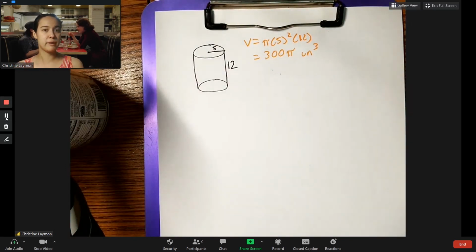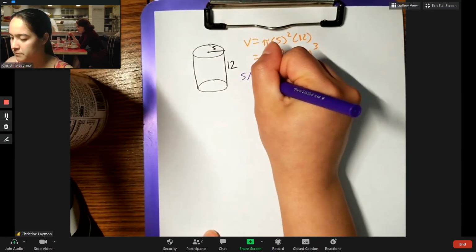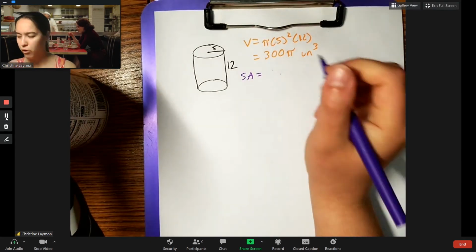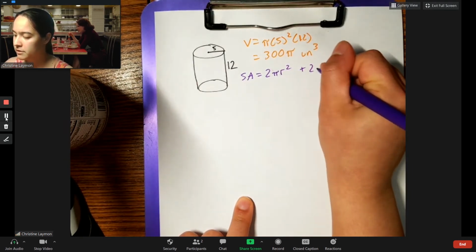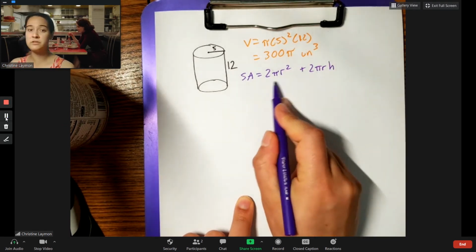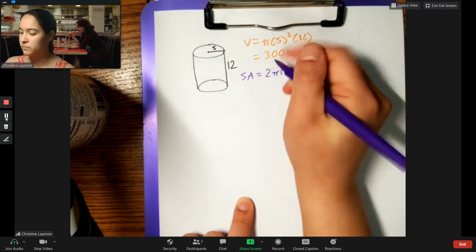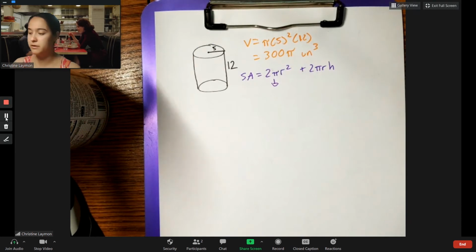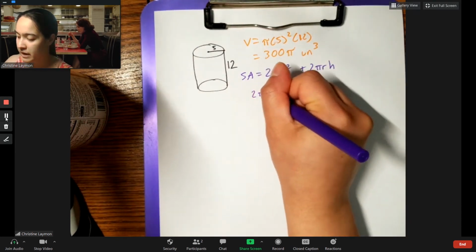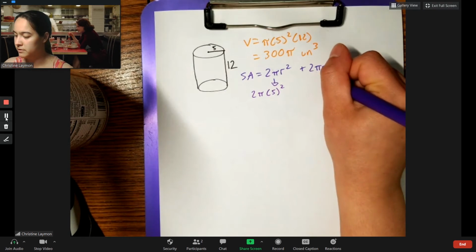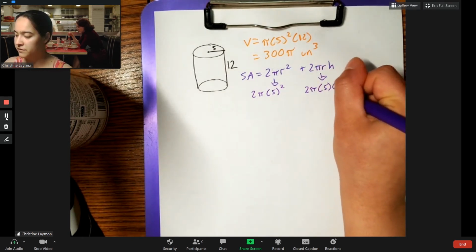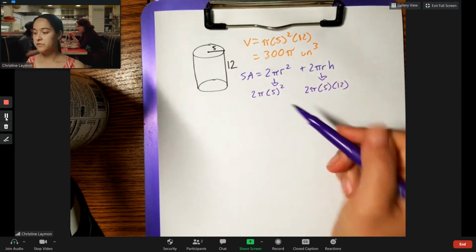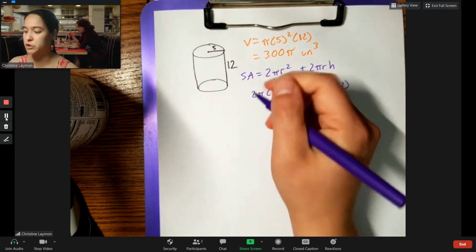Let's go ahead and talk about that surface area. And remember, I'll write out that full formula. We're looking at 2 pi r squared plus 2 pi rh. So again, that's the circle stuff, and that's the rectangle. So 2 pi 5 squared, and 2 pi 5 times 12. 5 squared is 25, times 2 is 50.